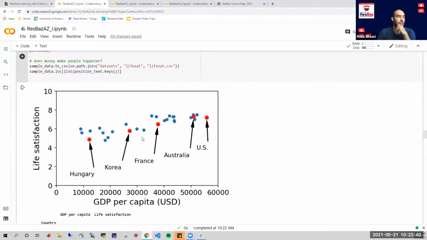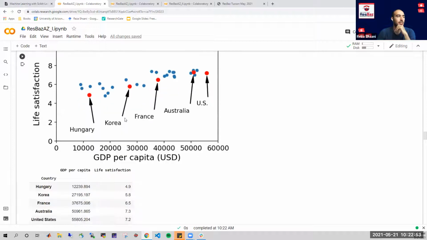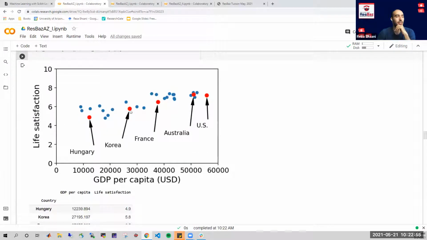And I have plotted the data here. The x-axis shows the GDP per capita, the y-axis shows life satisfaction, and each of these circles shows a country. When you look at the instances, you realize that it's very close to a line.